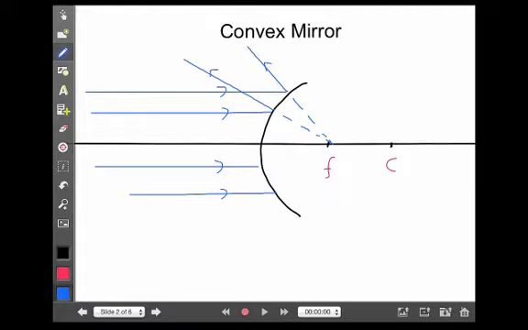So where the concave mirror kind of converged light towards the focal point, the convex mirror diverges light away from the focal point, spreads it out. Now, how does that affect our ray diagrams?